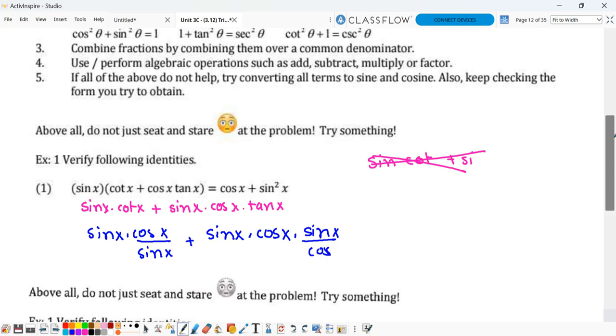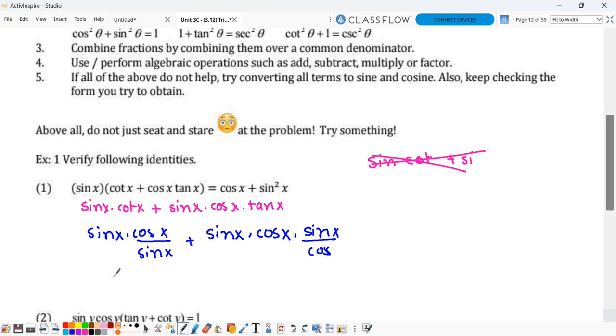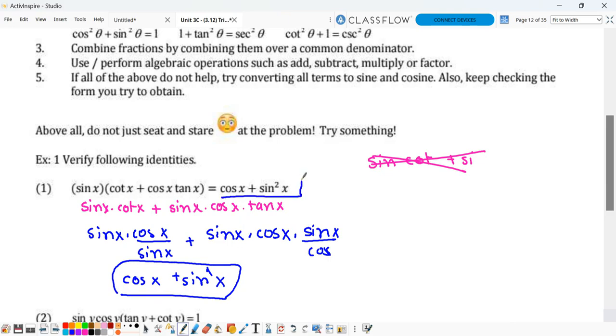You can say divide out by 1. So what is left is cosine x. Here cosine and cosine, you can't just say cross out. You can just say sine squared x. Isn't that what I'm looking for? That means you are done.